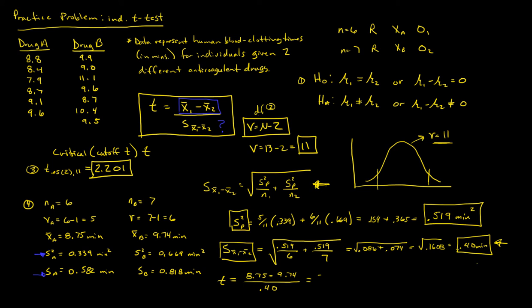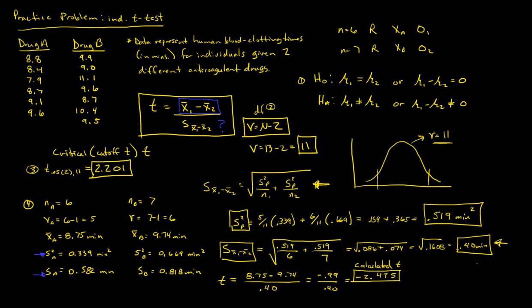And you get negative 0.99 divided by 0.40, so you get negative 2.475. So what is this value? This value here is calculated t. Calculated t. What is critical t?